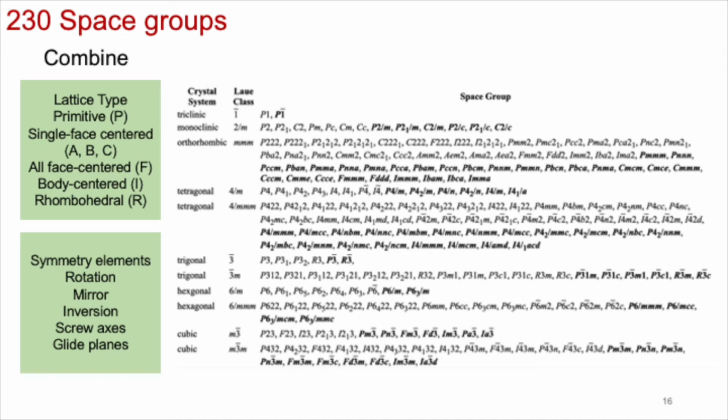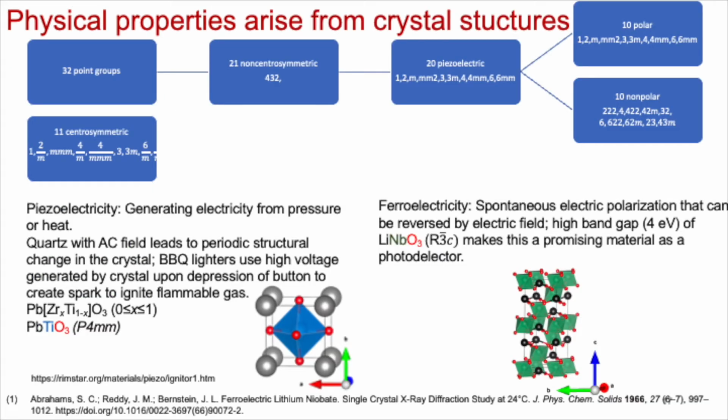Okay, so why does it matter so much to know these notations and be able to communicate with them? It's because when someone says a certain space group to you, you can automatically start to classify and understand certain physical properties without doing an experiment.